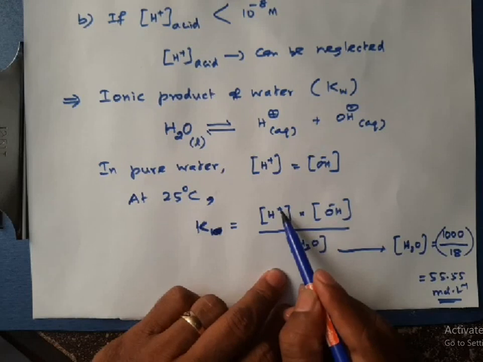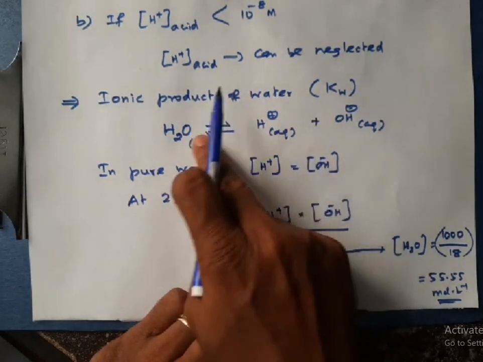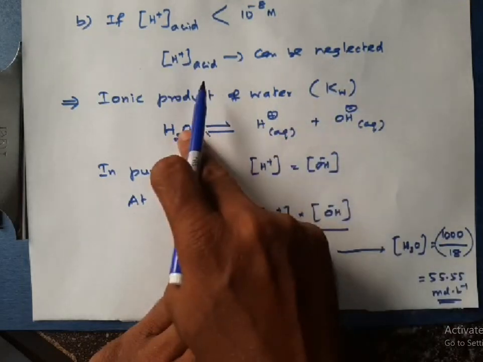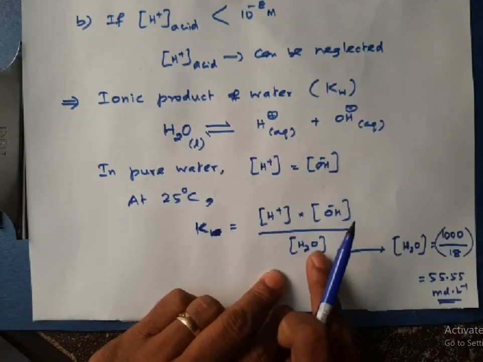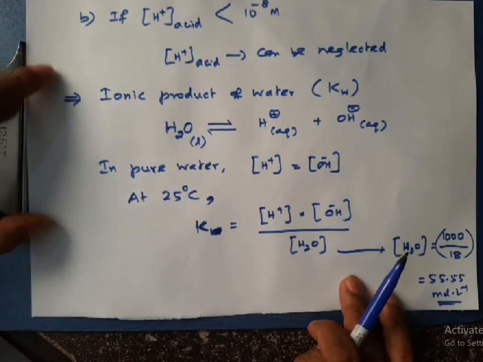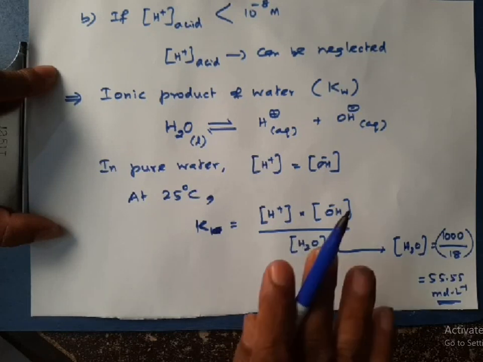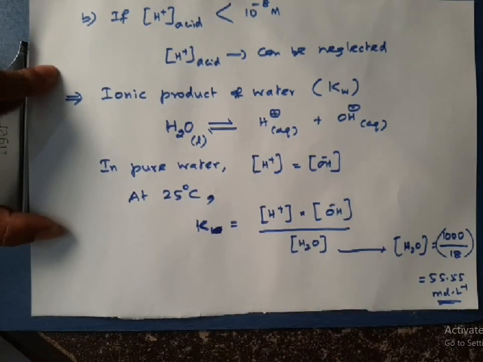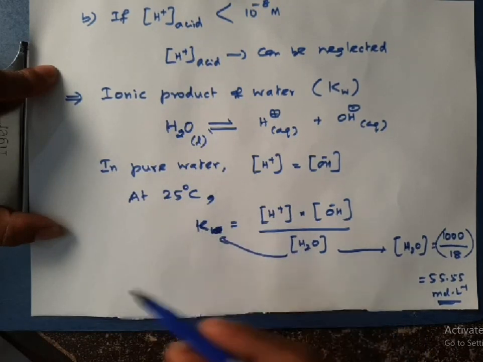Whereas the concentration of H plus ion and OH minus ion, obtained through this dissociation, is extremely low compared to this value. Therefore, you can assume that the concentration of water is practically constant. If this is constant, then this constant times this constant will give you a new constant.